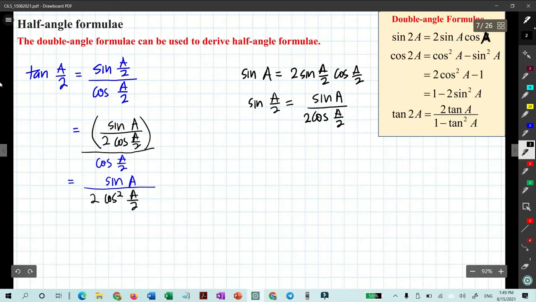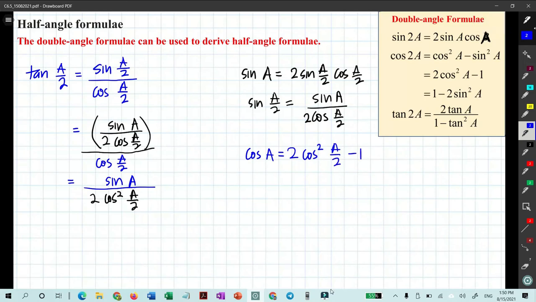Okay, now if you look at the double angle formula for cosine, we can make cos a into 2 cos square a over 2 minus 1.